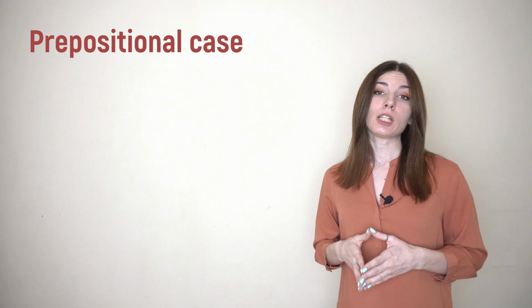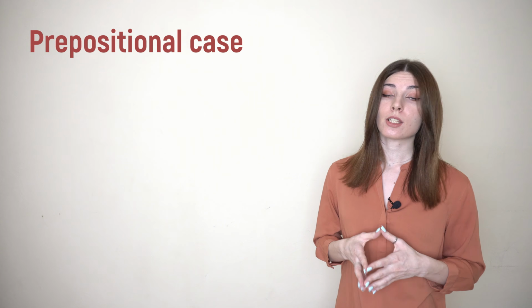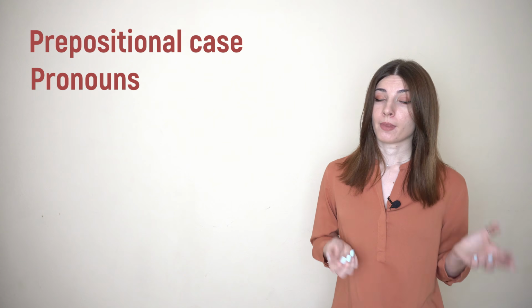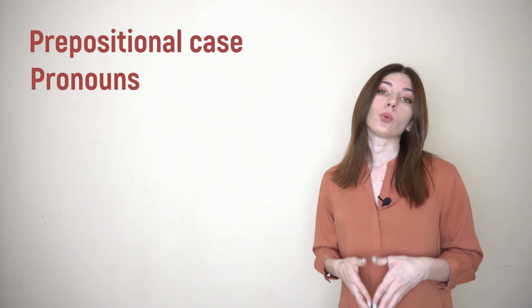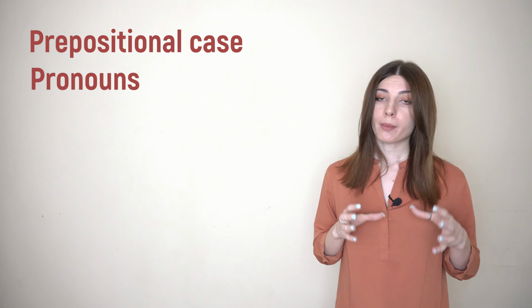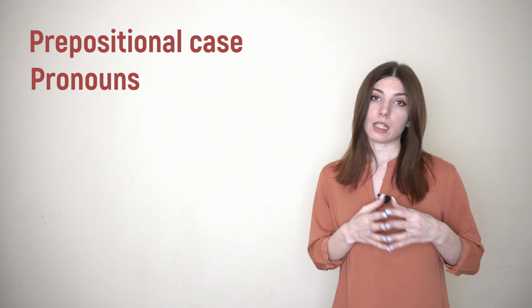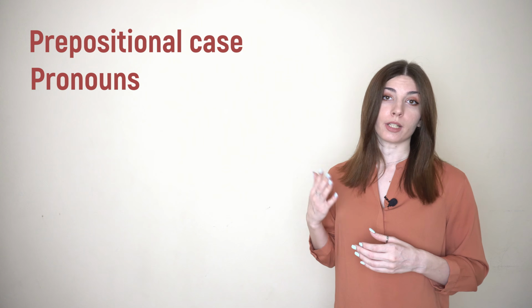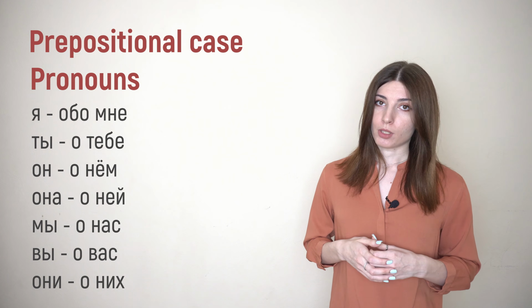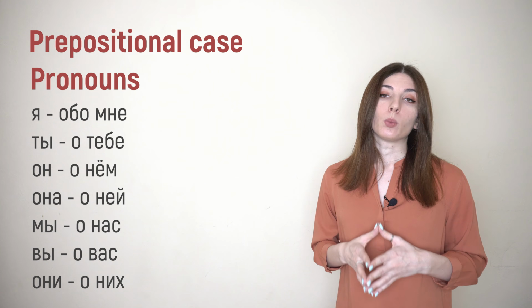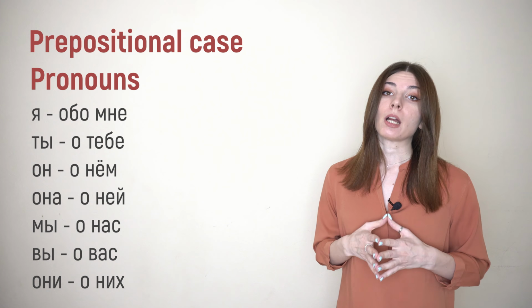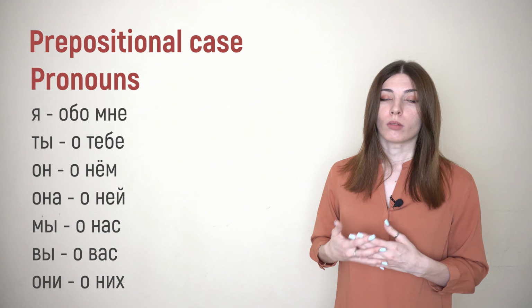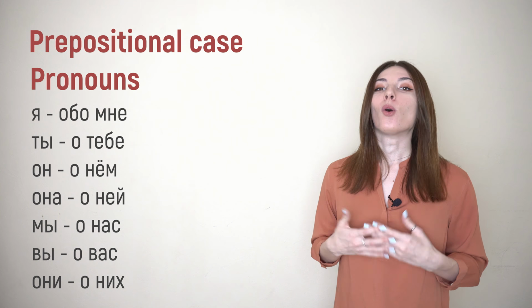Then, sometimes we need to make sentences simple, sentences using just pronouns. Me, you, him, her, etc. These pronouns you will need to remember how we form them in the prepositional case, because in each case they are different. And the first one, for я, will also be an exception. All of them I will give you with the preposition о. Like this, it's much easier to remember them. And for я, it won't be о, it won't be об, it'll be обо.